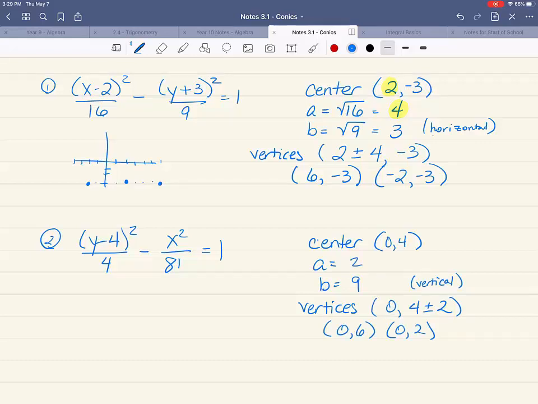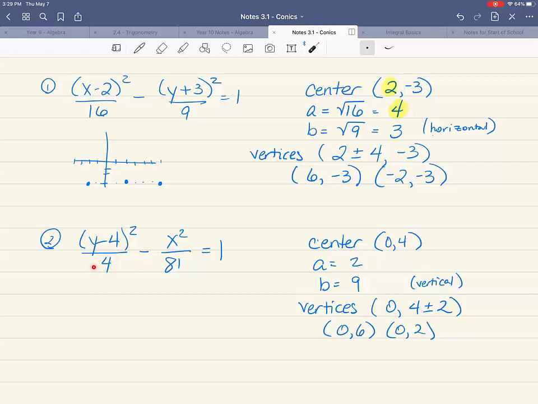The center is at 0, 4. You've got to be careful. This is a tricky one. Even though the 4 comes first in the problem, it's with the y, so it is the y value of your center. So the x one, since it doesn't have a number with it, is a 0. Y is 4. Now, hopefully you got your A and B right, even if you had your center backwards. A is 2.